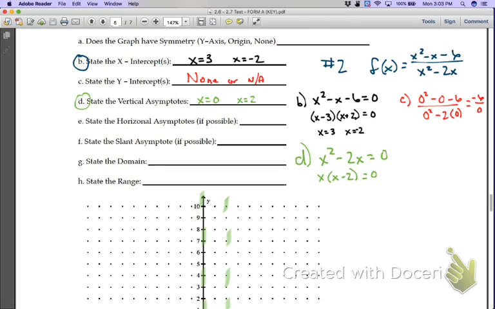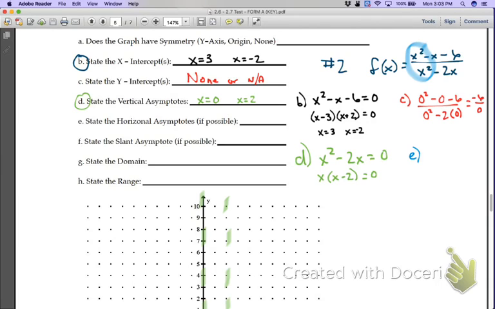For E and F, it's going to be one or the other. If the powers are the same, then it's whatever the leading coefficients are divided by each other. So they're the same power, right?